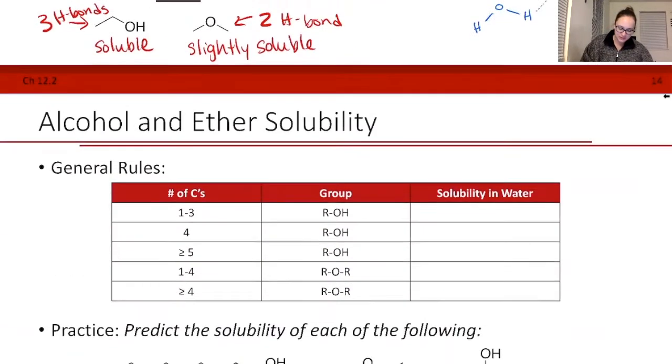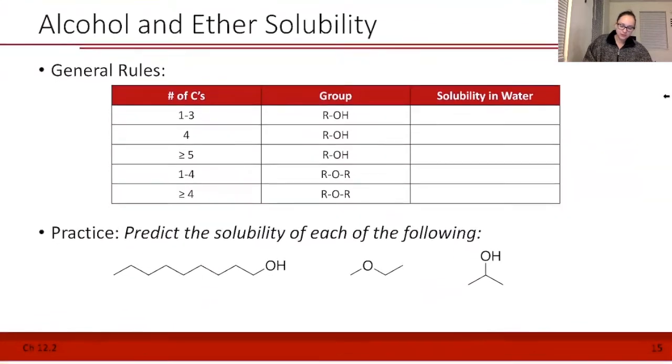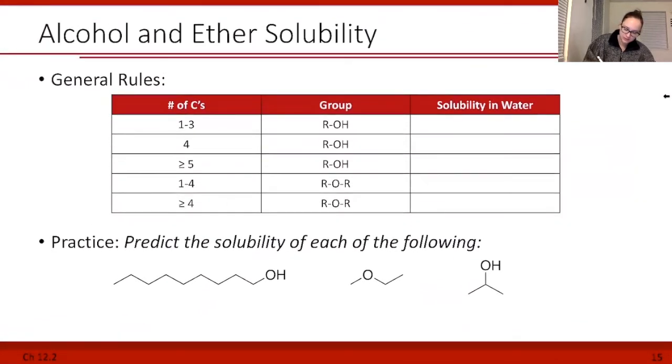Okay, so let's look at some general rules for this. We have these first 3 are alcohols, and then the last 2 are ethers. That's why there are 2 different groups here. When we have a small number of carbons, the molecules are soluble.